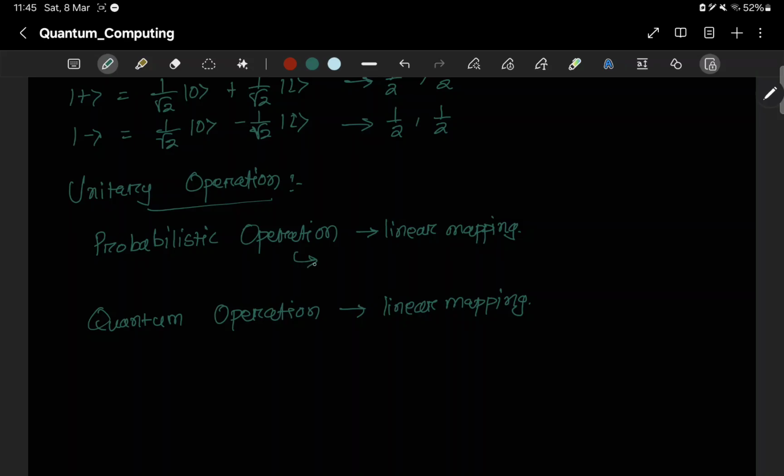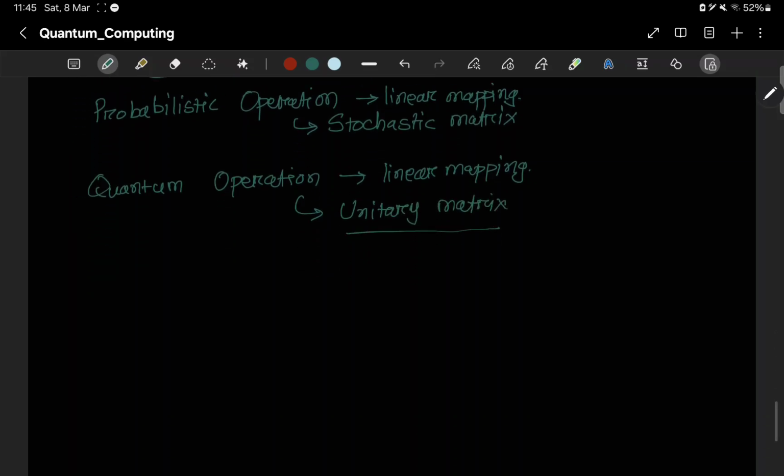However, probabilistic operations are represented as stochastic matrices, and quantum operations are represented as unitary matrices. So what's a unitary matrix? It's a square matrix U having complex number entries.